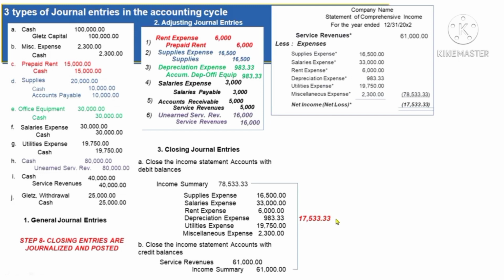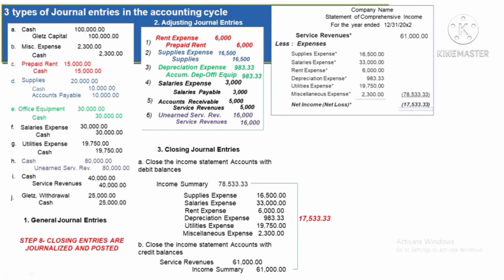Yes, of course. This is the net loss right here, right? So if we analyze, the first and the second closing entries just summarize the expenses and the revenues in one amount, which is the net income or the net loss of the company. And that net income or net loss can be seen on the balance of the income summary account.